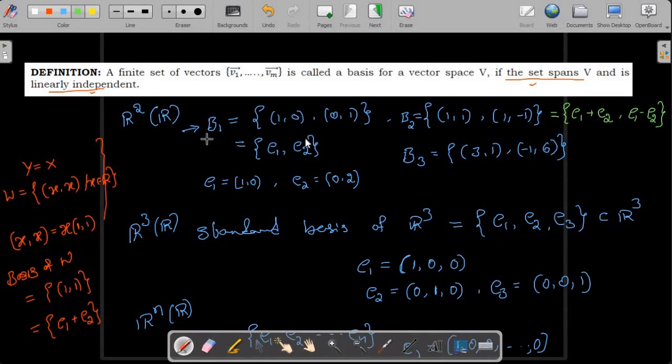B1 is a basis set, B2 is also a basis set. It means that B1 is linearly independent, B2 is also linearly independent. Now the interesting result here is: if V1, V2 is linearly independent, then V1 plus V2, comma, V1 minus V2 is also linearly independent.